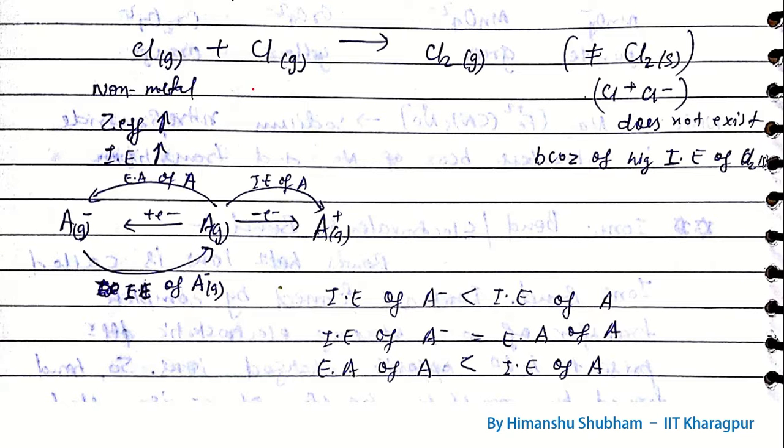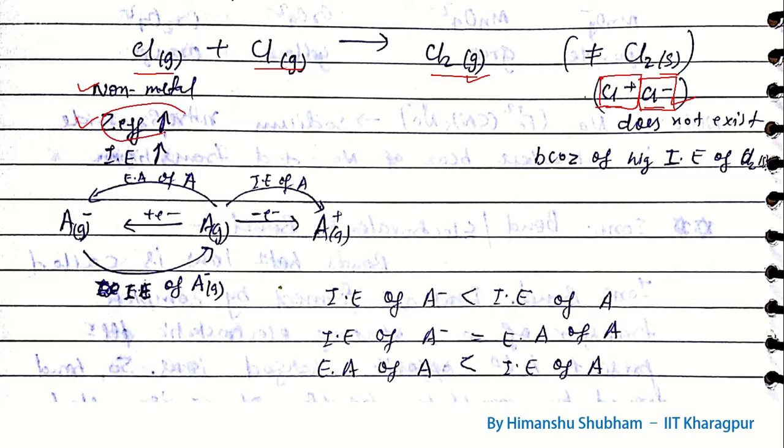Now let us see the formation of Cl2 gas by two gaseous Cl atoms. Here the point to be noted is that we would always get Cl2 gaseous, not Cl2 solid. The reason is that to get Cl2 solid, we need the addition of Cl plus and Cl minus ions, which is difficult, because we can get Cl minus ion, it's okay, but getting Cl plus ion is really difficult because Cl atom is a non-metal and it would have a higher Z effective.